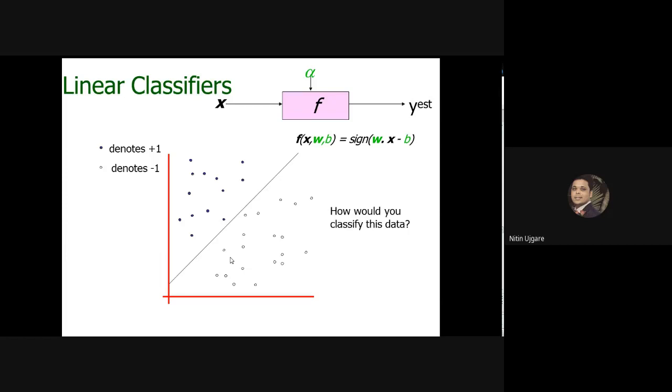You can unmute your mic because I am in presentation mode. Is it the only way to separate these input instances into 2 classes? Is it the only perceptron that we can have? Can we have a different perceptron than this?